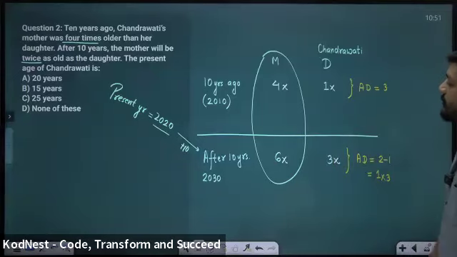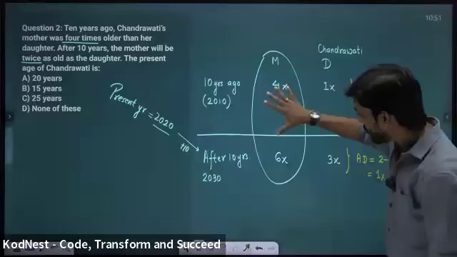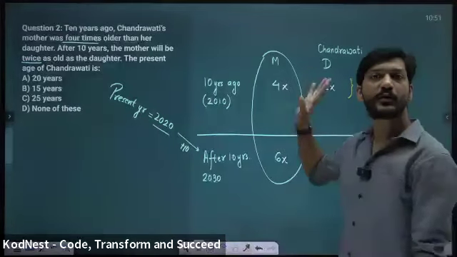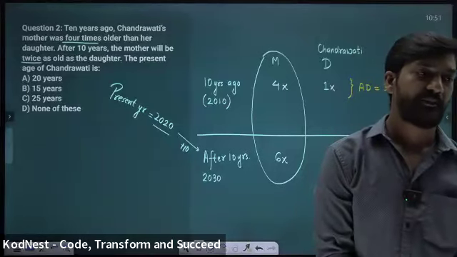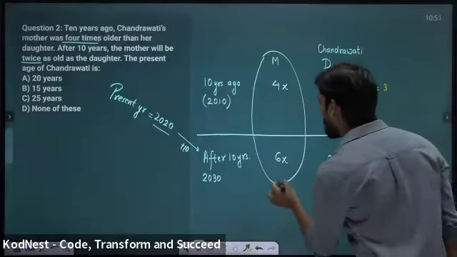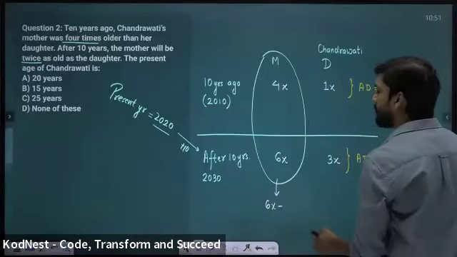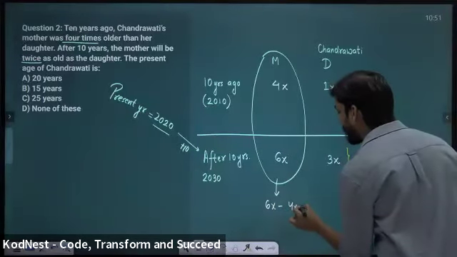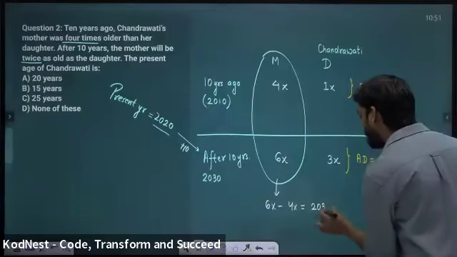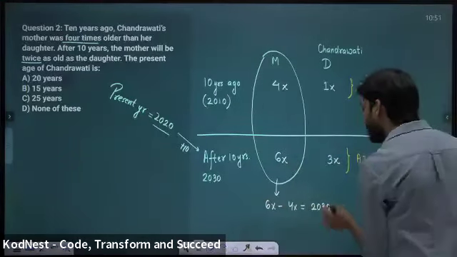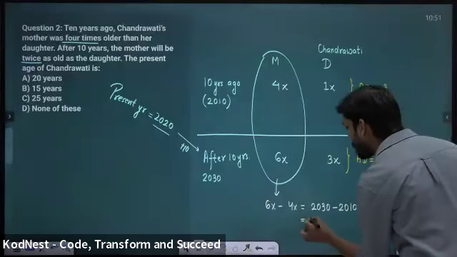Now you carefully answer. You don't know the values, but whatever these values are, what should be the difference of these two values? 20. So the difference of these two must be 20. So can I say 6x minus 4x? 6x belongs to 2030, 4x belongs to 2010. So the age difference must be 20, yes or not?